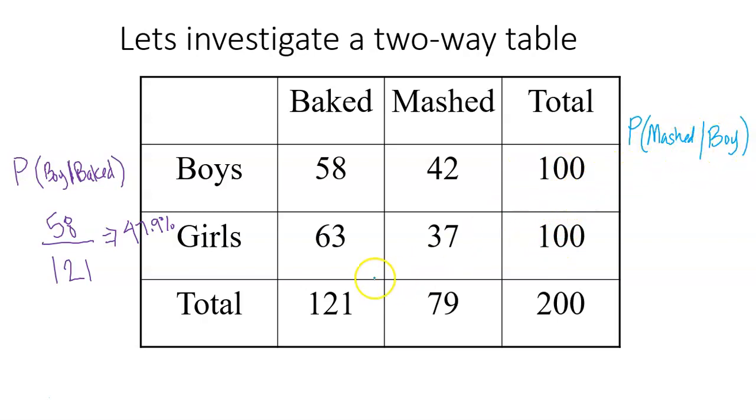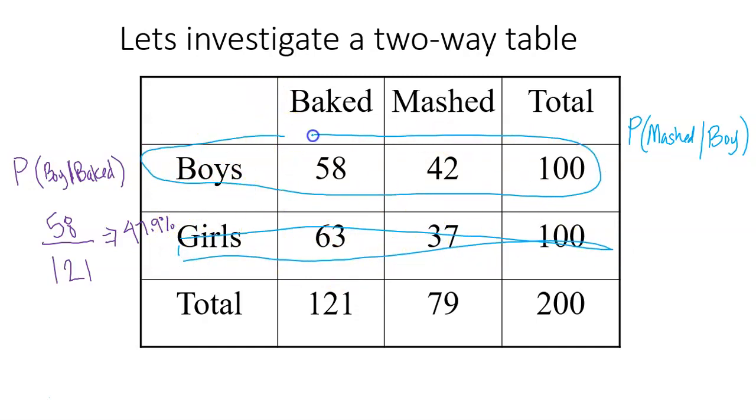If you already know they're a boy, that takes all these girls out of the running. We'll just be looking here. If we know they're a boy, then we have 100 possible outcomes. How many of those boys prefer mashed potatoes? 42. So 42%.